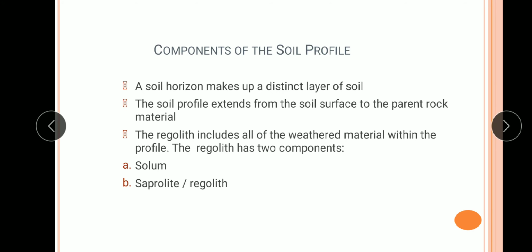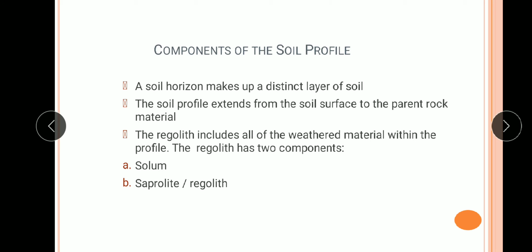Then the components of the soil profile. A soil horizon makes up a distinct layer of soil. The soil profile extends from the soil surface to the parent rock material. The regolith includes all the weathered material within the soil profile.